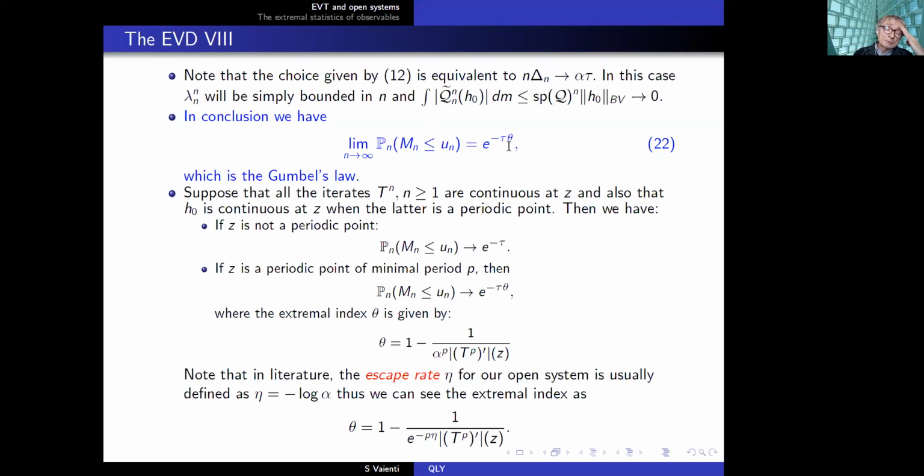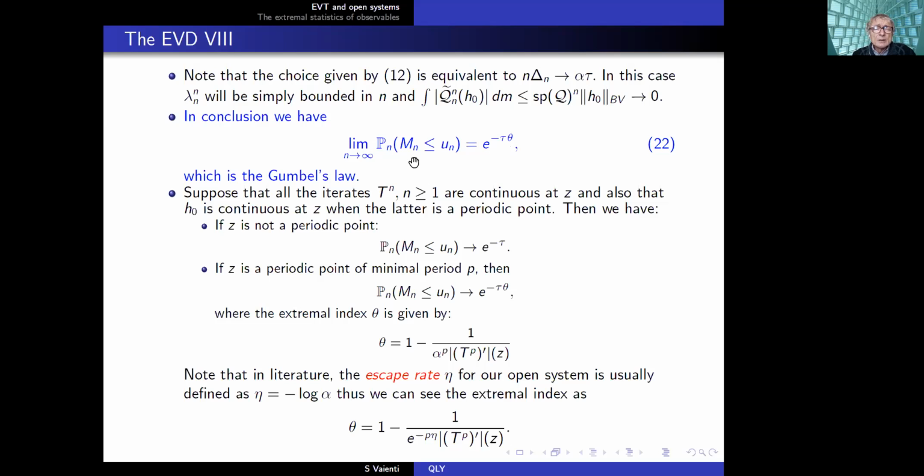And in particular, this is not a pure exponential, because it's modulated by theta, which was the extremal index which I introduced before. And now the question is, can we compute this theta and see what's going on?